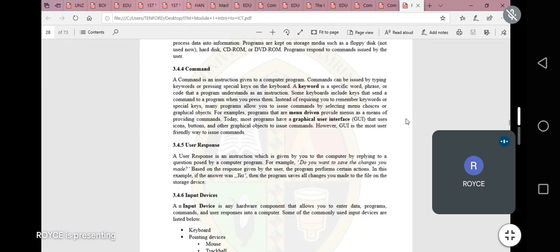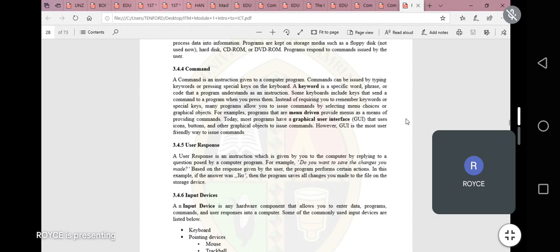Some keyboards include keys that send commands to a program when you press them. Instead of you having to remember the keywords, the program allows you to issue the commands. So basically that's what a command is.